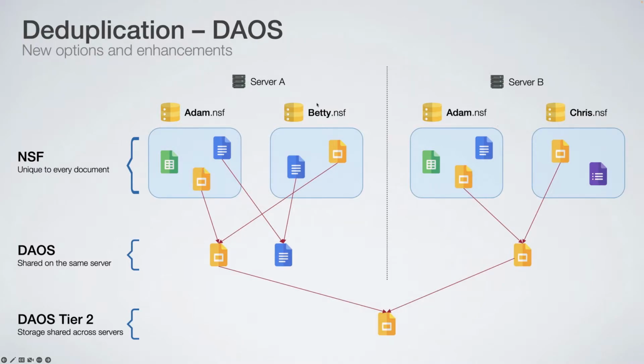Once you enable it on one server, you can deduplicate attachments, but it happens per server. If you've got a cluster or multiple locations, multiple data centers, it is allocated server by server.